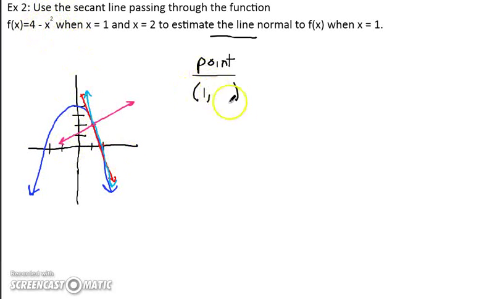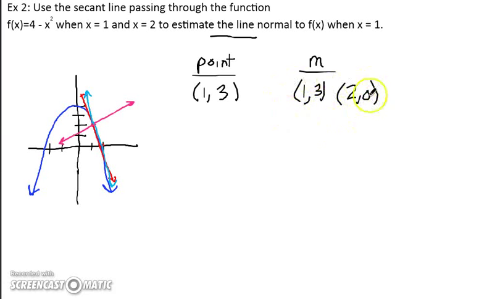4 minus 1 squared is going to give us 3. And we need the slope. Well, the slope's going to come from the opposite reciprocal of the secant line. The secant line has the points 1 comma 3 and 2. If we plug 2 in, 2 squared is 4, so we get 2 comma 0.